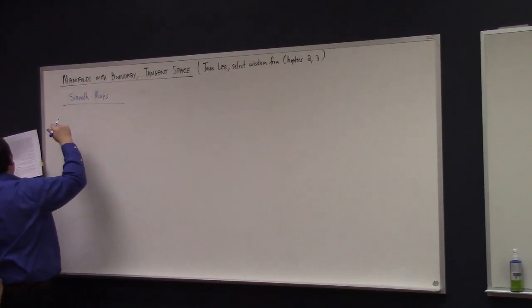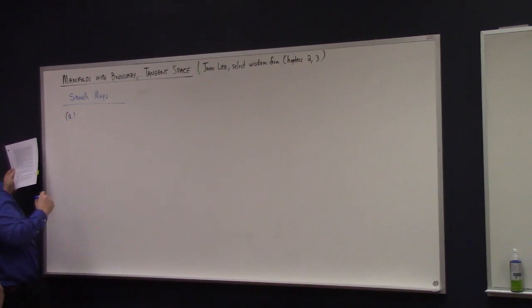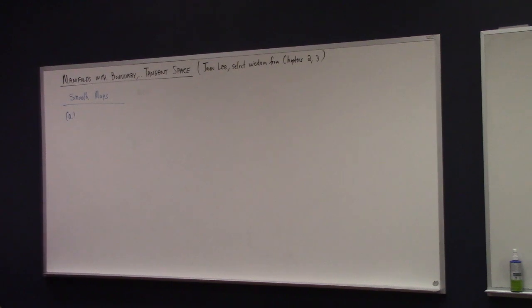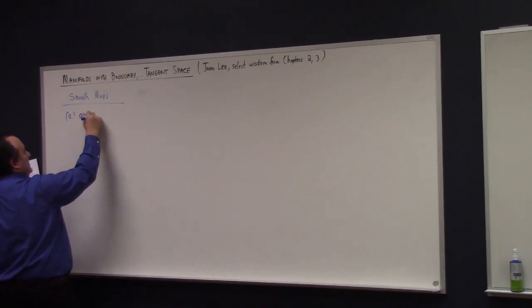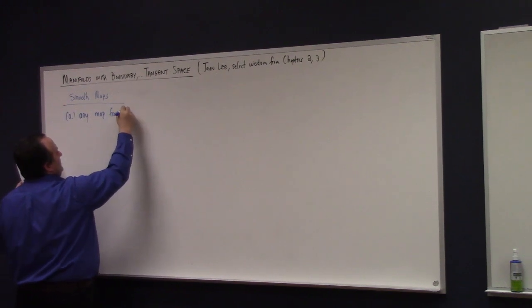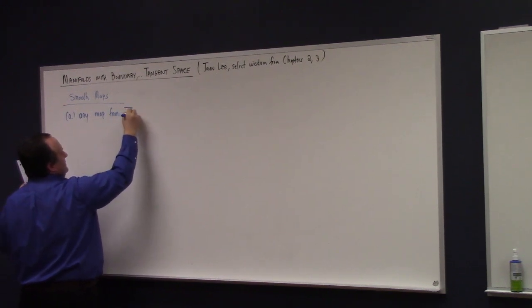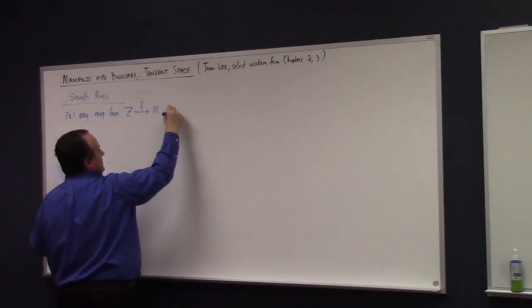Smooth maps. So here's his litany of examples. This is pages 37 to 38 in John Lee's book. Any map from a zero-dimensional manifold into a smooth manifold with or without boundary is automatically smooth, because each coordinate representative is constant. Any map from, let's say I'll call it Z, to M is automatically smooth.